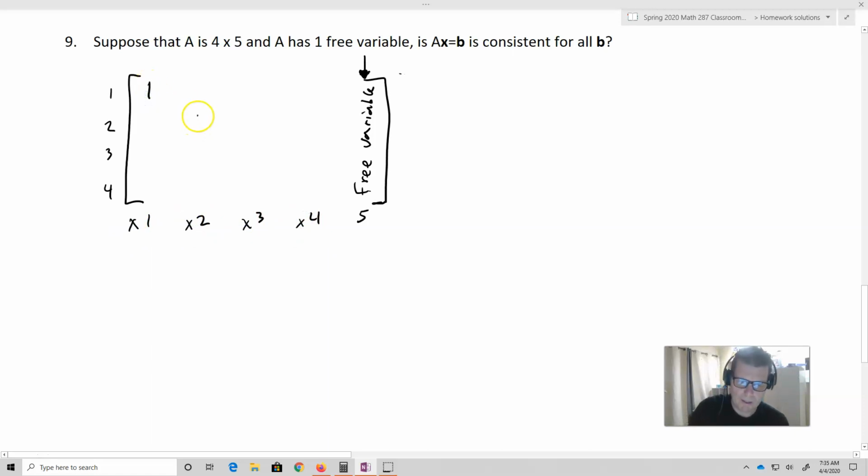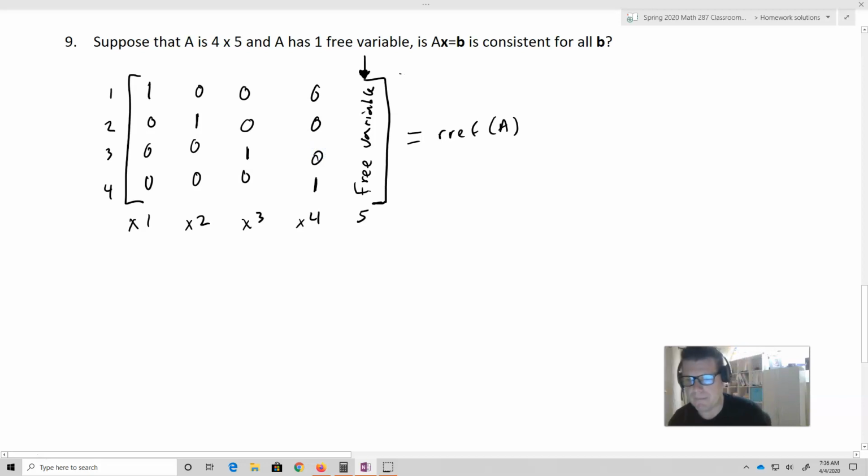So 1, 1, 1, and 1, right? Because by definition, that's what it means to be in the row reduction. So like that, they'll make this the RREF of A.